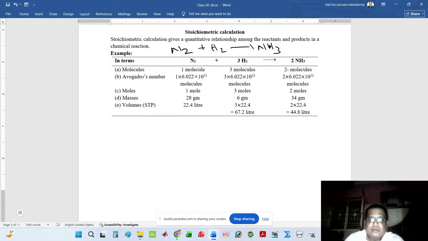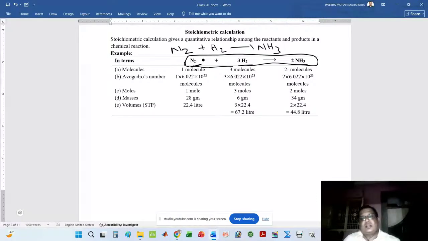If you balance it, you will find N2 plus 3H2 gives 2NH3. This is the balanced chemical equation. Again, for this reaction, the balanced chemical equation is N2 plus 3H2 gives 2NH3.